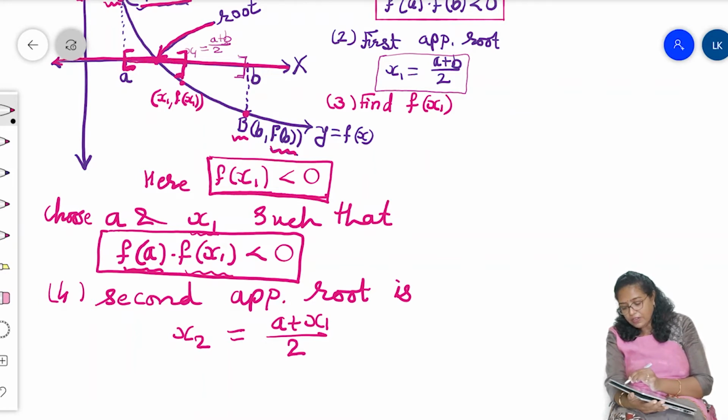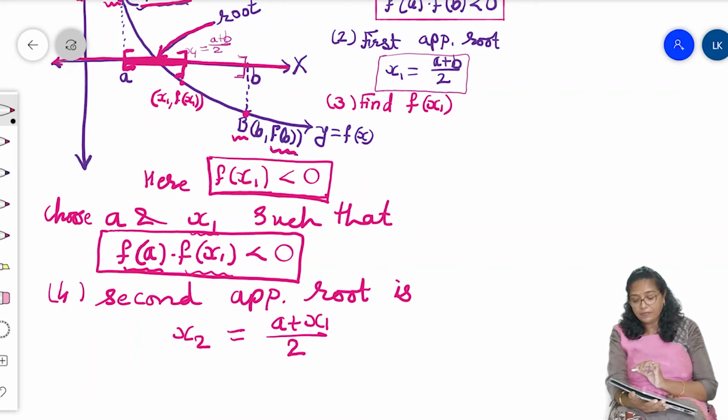Originally, our interval is a to b. Now, after finding f(x1), and f(x1) is negative, we choose a such that f(a) times f(x1) is less than 0.